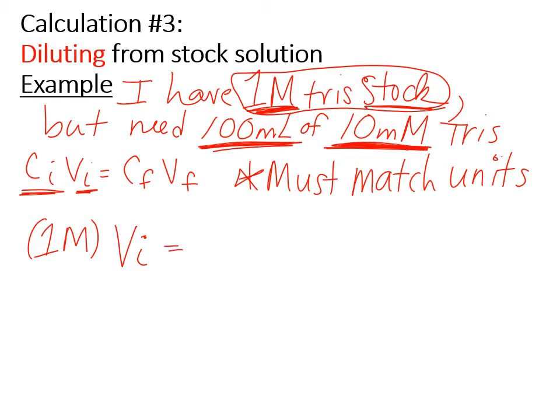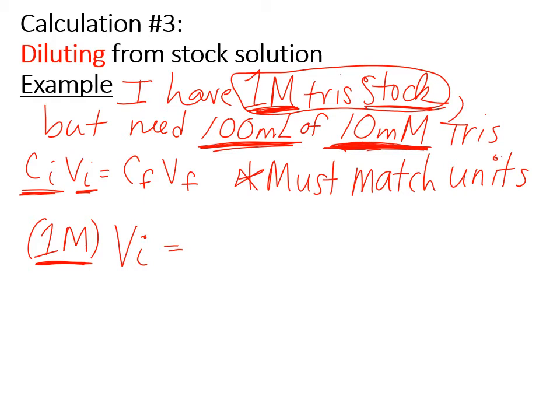What we do know is everything about the final solution that we want to make. So we want our final concentration to be 10 millimolar, but hold up. We already used molar as our concentration in the first half. So what do we have to do? We have to convert 10 millimolar into molar. How do we do that?